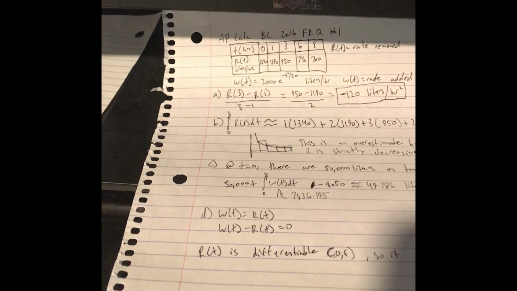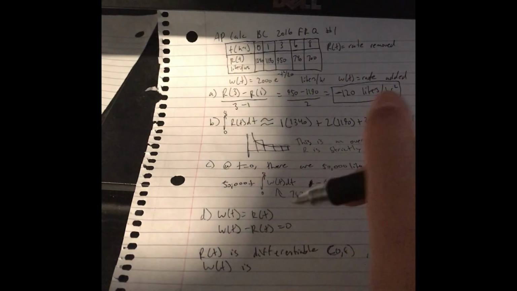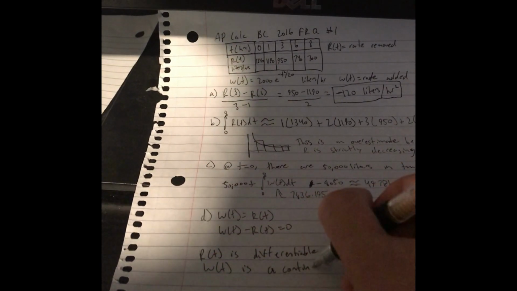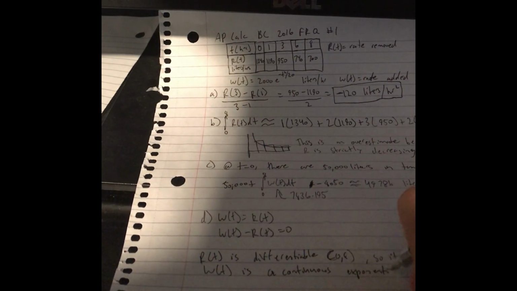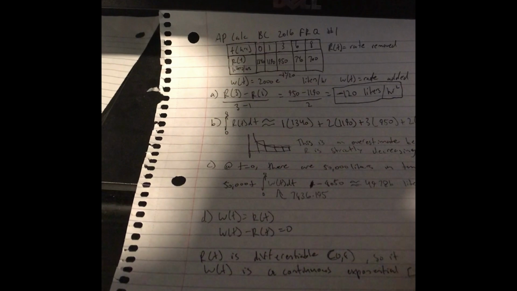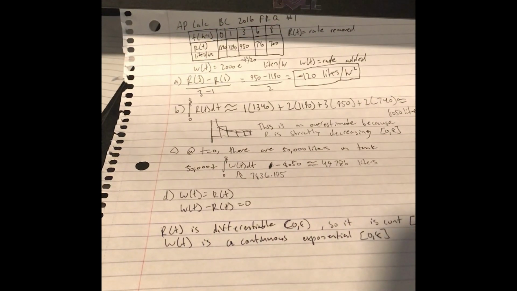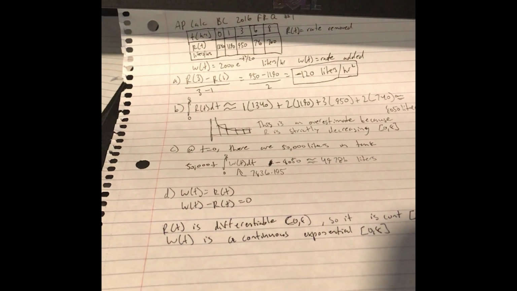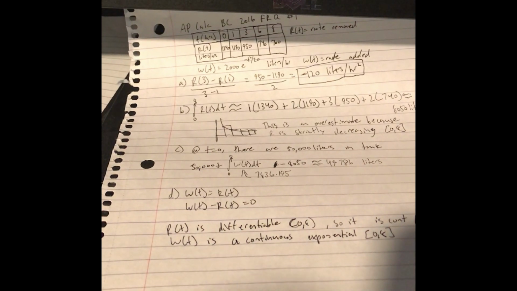It's an exponential, so we should write that W of t is a continuous exponential. Okay. So now we can use the intermediate value theorem. So we need to consider the endpoints. And if there's a change in sign, that means that W of t minus R of t must have hit 0, and therefore they're equal to each other, the rates at which water is put in and taken out.